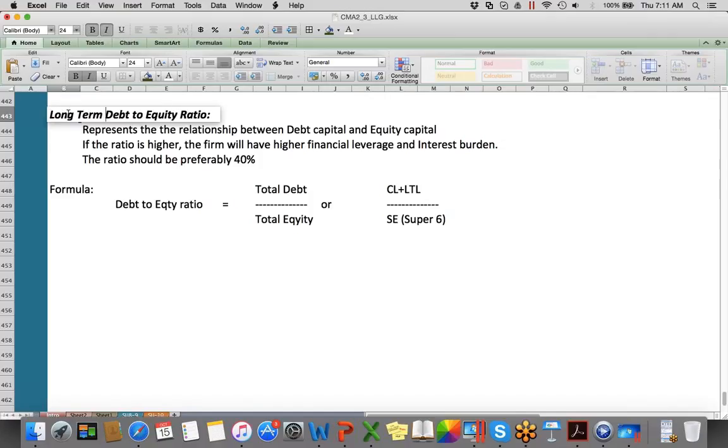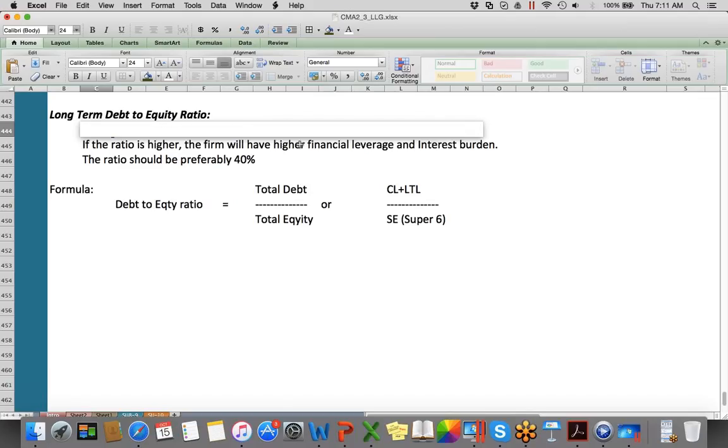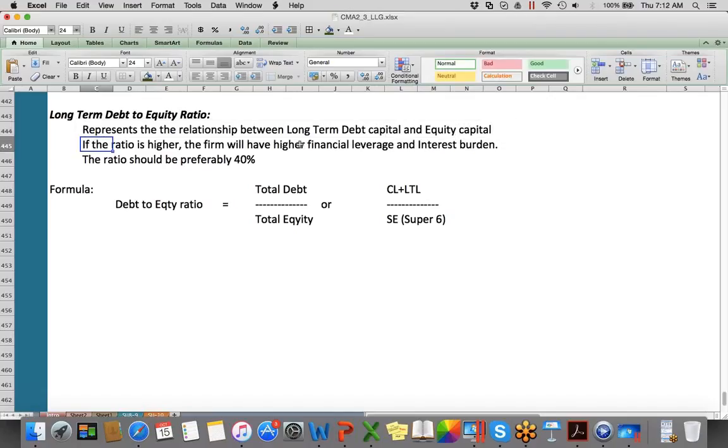Long term debt to equity ratio. It represents the relationship between long term debt, only long term debt, and equity capital. You don't include any short term current liabilities. If the ratio is higher, obviously the financial leverage will be higher, and you will also have an interest burden. It should be around 30% or less.